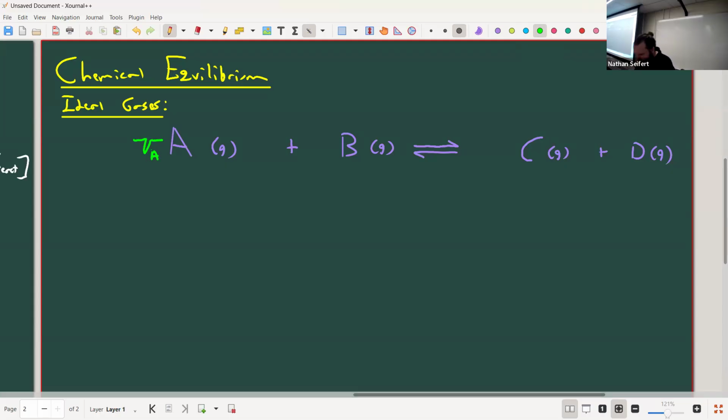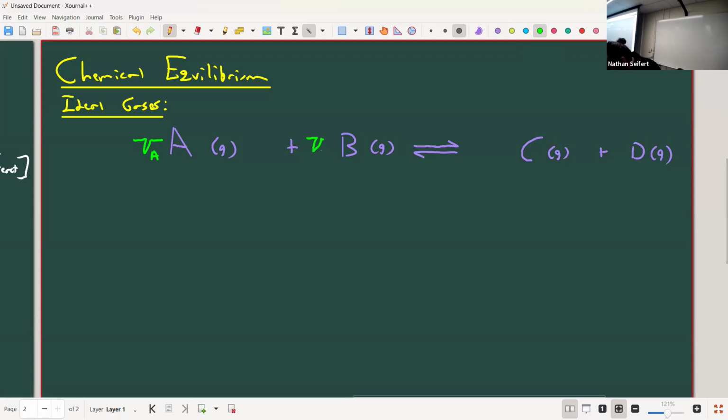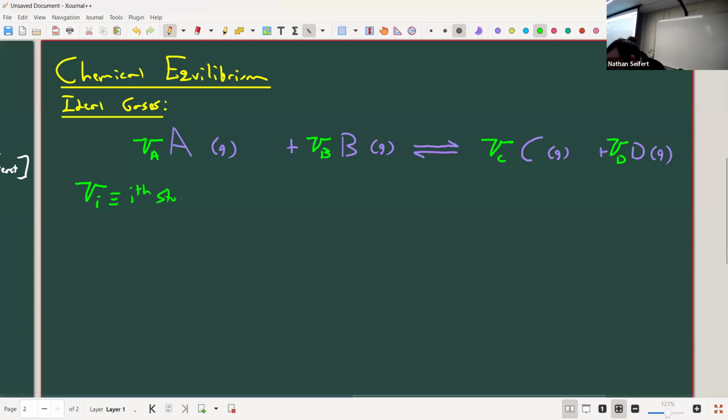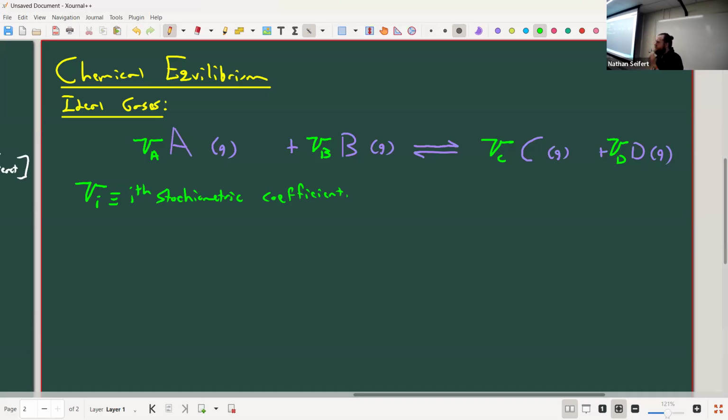That would be the stoichiometric coefficient for A. This is the stoichiometric coefficient for B, the stoichiometric coefficient for C, and the stoichiometric coefficient for D. Just as a note, nu_i is the ith stoichiometric coefficient. And we want to make sure, of course, that these lead to conservation of mass on both sides, that you have the same amount of atoms on both ends. So we're going to assume a balanced chemical reaction.